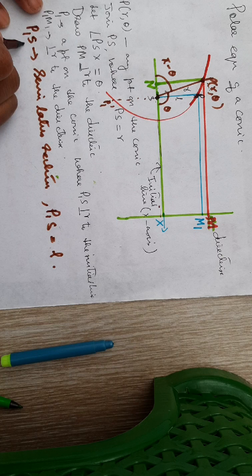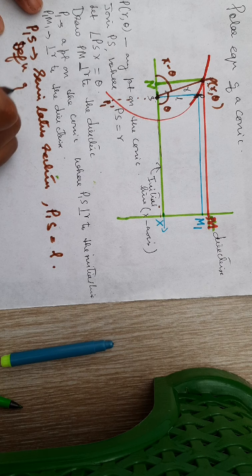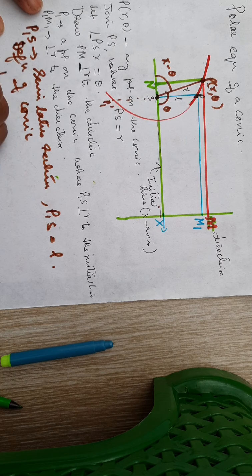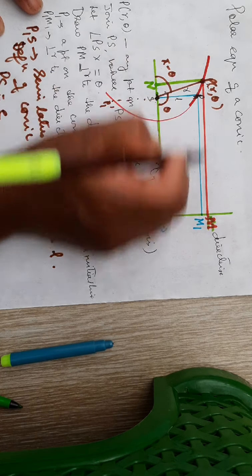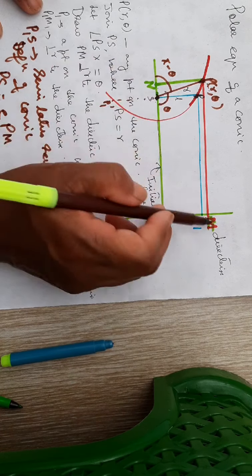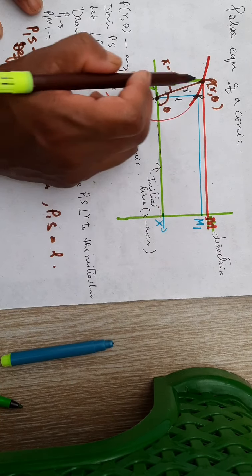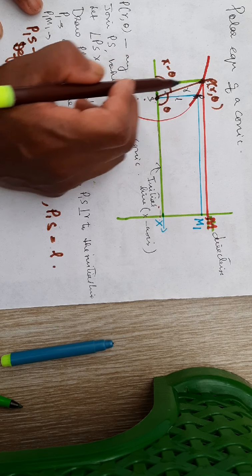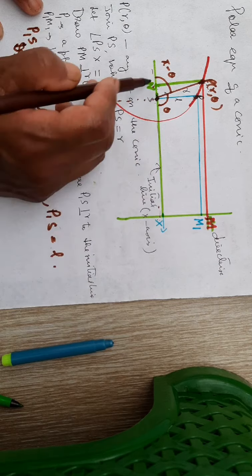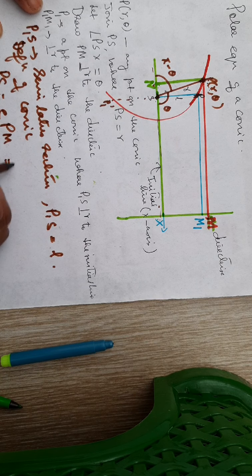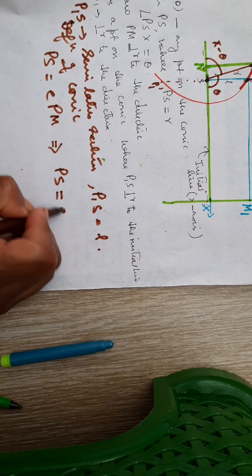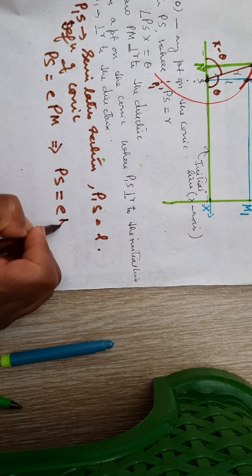Now by the definition of conic, PS is equal to e times its perpendicular distance from the directrix, e times PM. But PM is the same as NX, because I draw a perpendicular PN to the initial line or the x-axis. So this implies that PS is equal to e times NX.